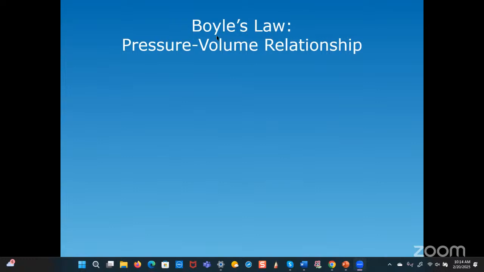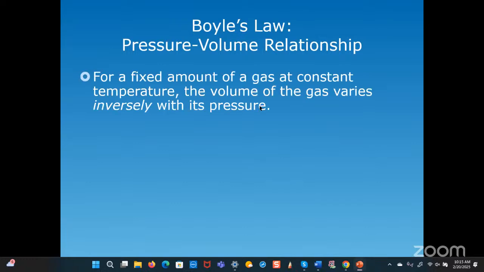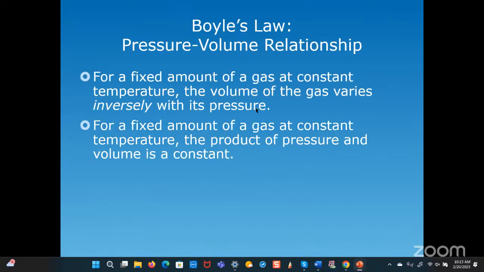And again, this is something that you should have met before, different laws relating different properties to each other. And the first law we're going to look at is what is known as Boyle's law. Boyle's law is the gas law which describes the relationship between the pressure of a gas and its volume. There are different ways of expressing Boyle's law. This is one way.